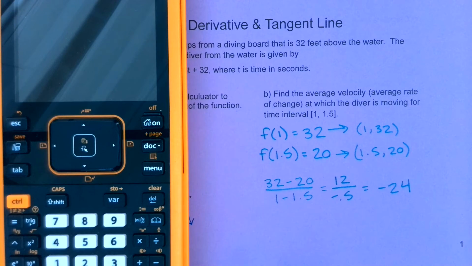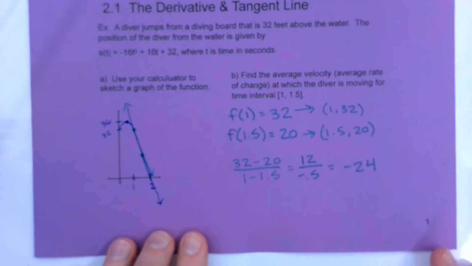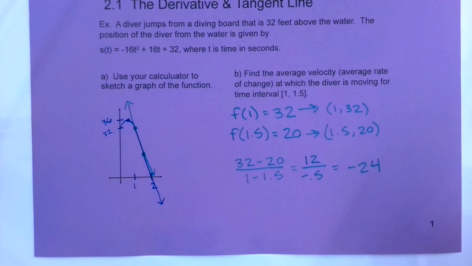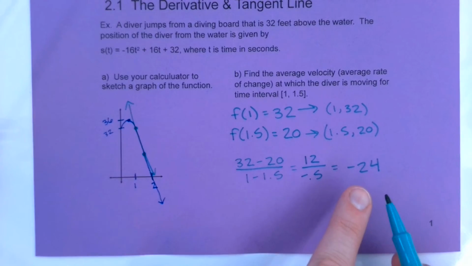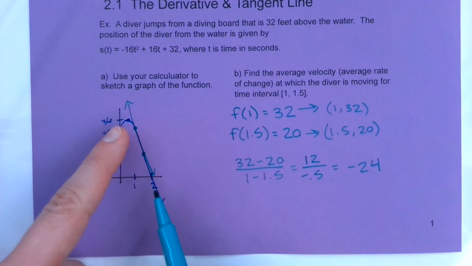What does that mean if the velocity is negative? Okay, it's a negative slope. Yeah, we can see that with our graph. It was a negative slope, and so it is going to be a negative velocity. Do we know why velocity can be negative or positive, but speed can't? You can only get faster than 0 speed. Okay, so our sign is talking about direction. So what direction is the diver going?